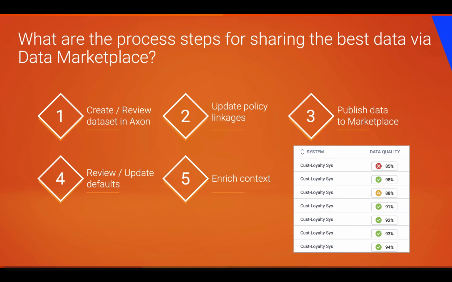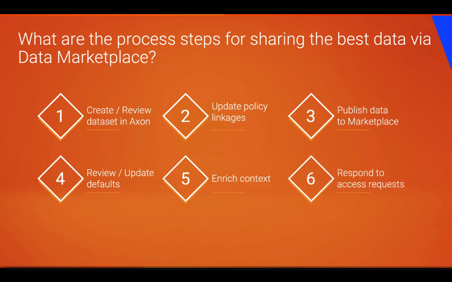All of these things can help your consumer to find the data more easily during their search and understand it better once they look at the data collection. They can understand, of course, if there's quality, how likely they are to get the results they need from their next analytics project, and that's a very important element that they'll want to consider. So make sure to enrich that context if you haven't already.